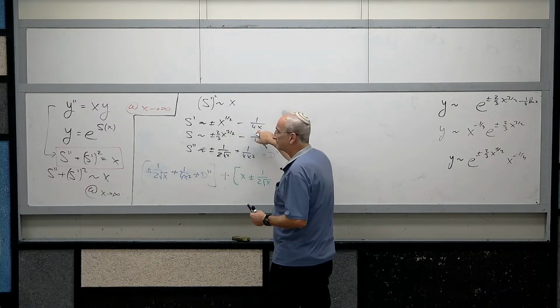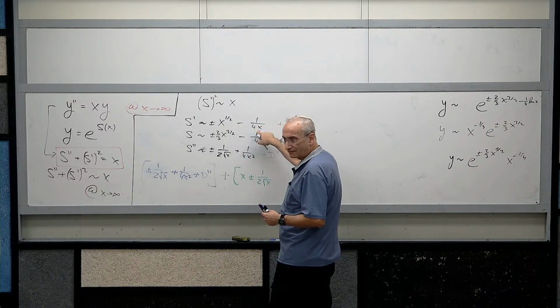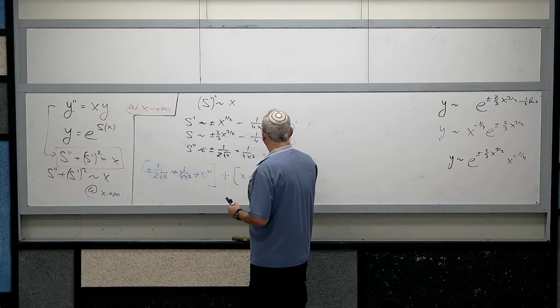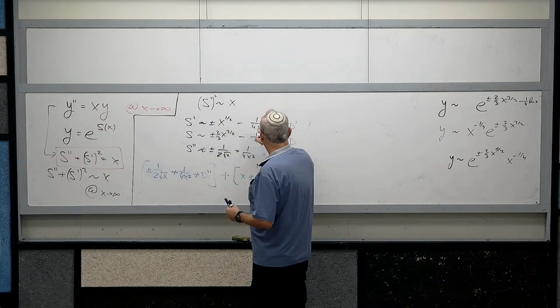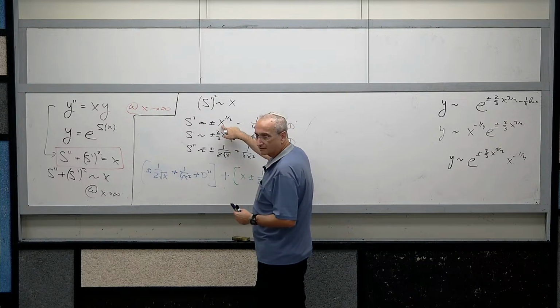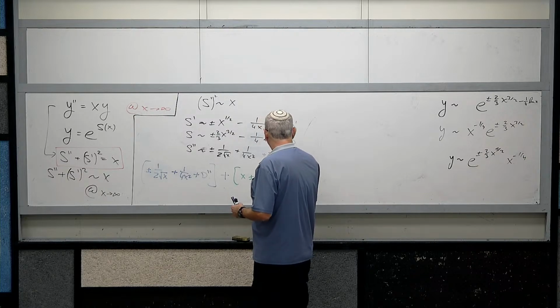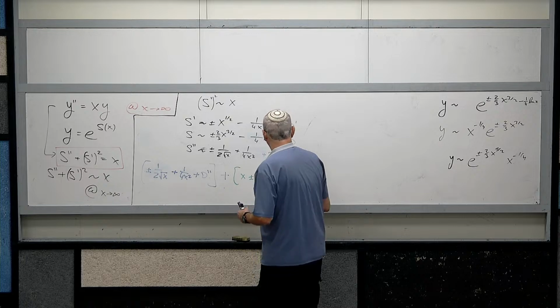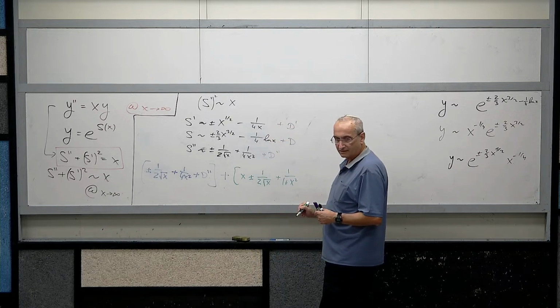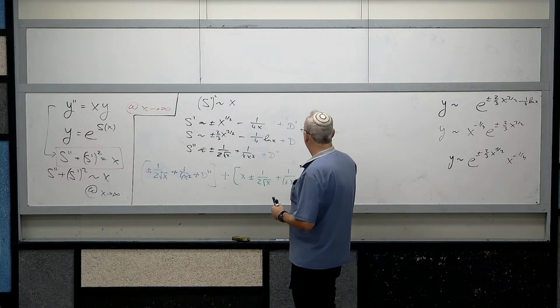This and that. Right? And what is the next term? I have this squared. This is that squared. Now I have 2 this times that. And now I have that squared, which is plus 1/16x squared. You see?